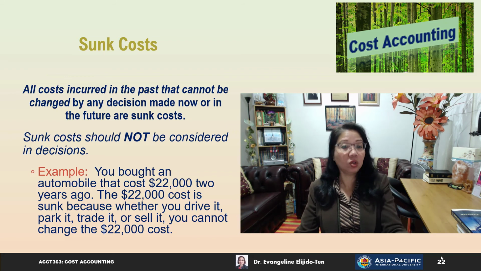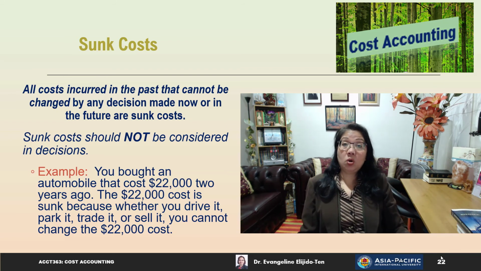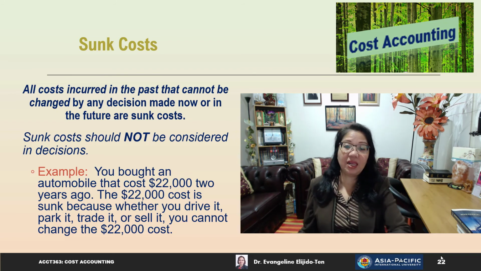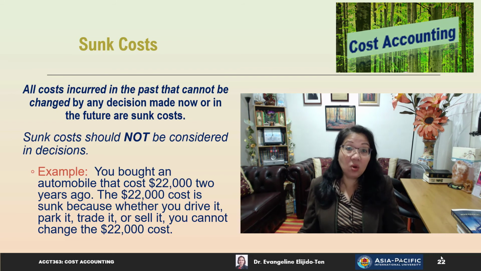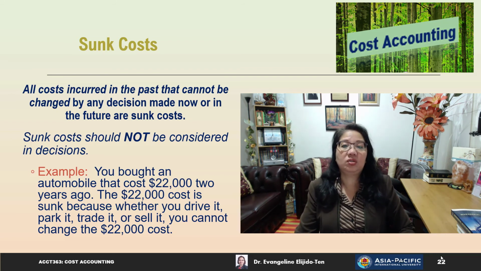You bought an automobile that cost $22,000 2 years ago. So the $22,000 cost is a sunk cost because whether you drive your car, park it, trade it, or sell it, you can no longer change that cost. So in your decision whether to sell or not sell the car, the $22,000 original cost is irrelevant.